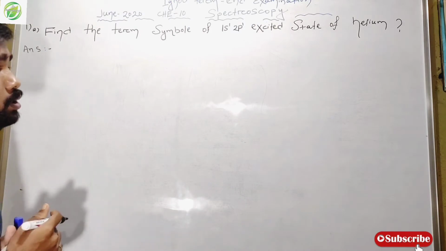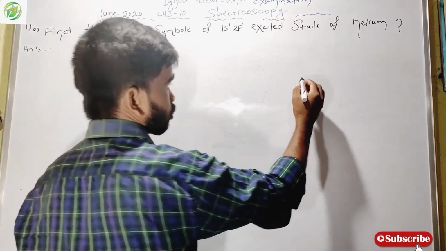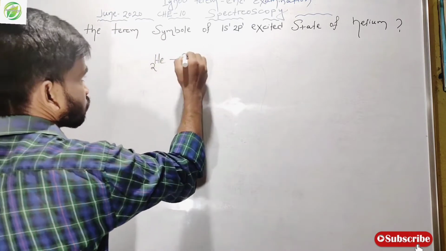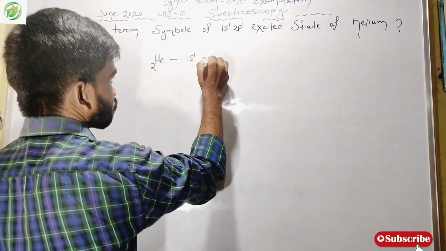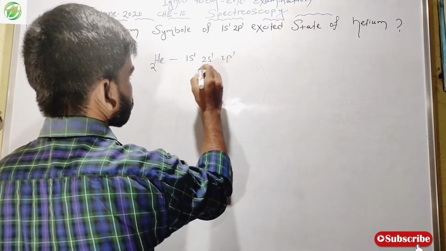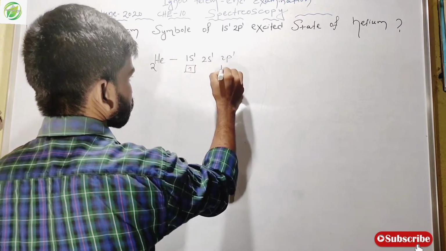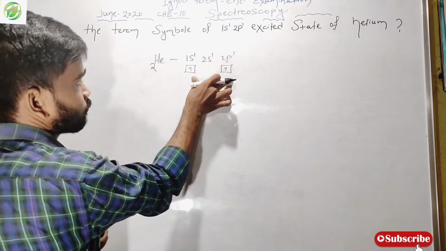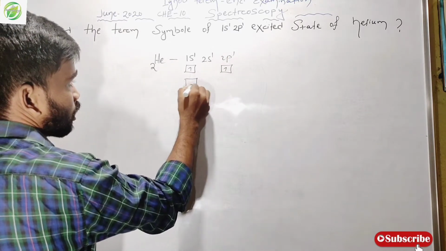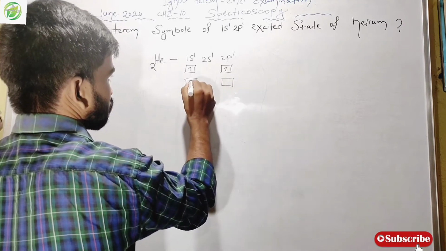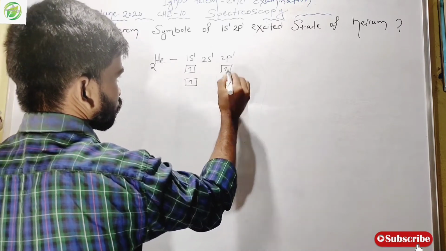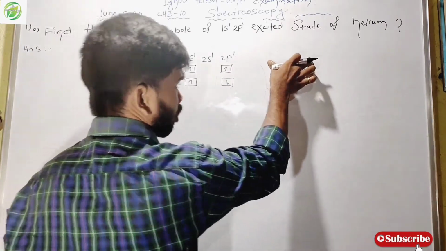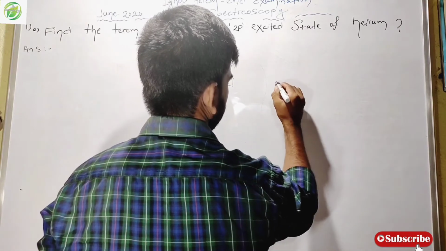There are two possibilities. The first is that both electrons are in the same spin. Another possibility is that the electrons are in opposite spins. We draw them in the form of an energy diagram like this.